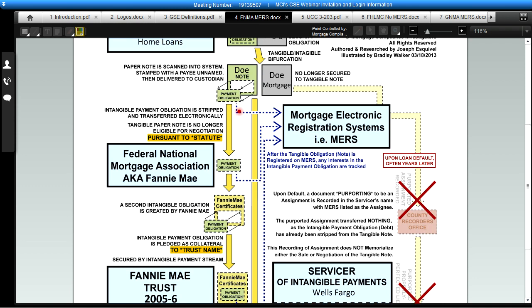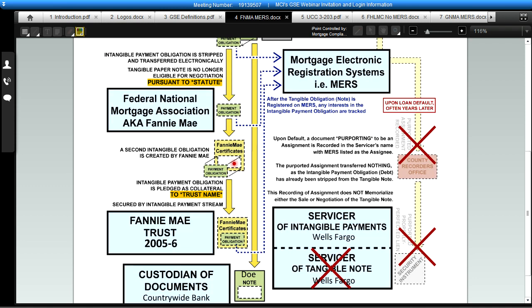Okay, now a second intangible obligation is created by Fannie Mae. This intangible payment obligation is pledged as collateral. In this case, we're going to use Fannie Mae Trust 2005-6. So depending on whatever trust the party is in, that is what would be placed there.